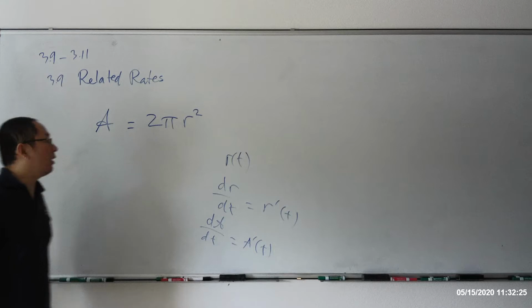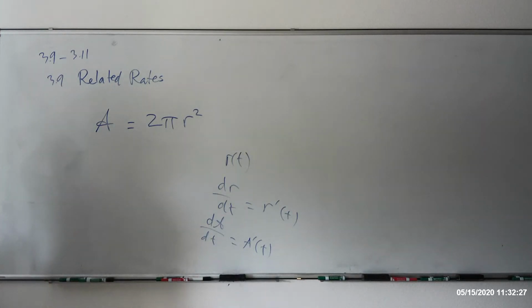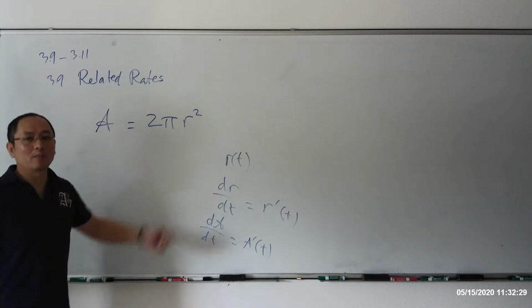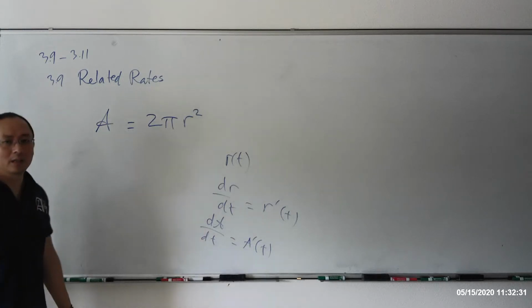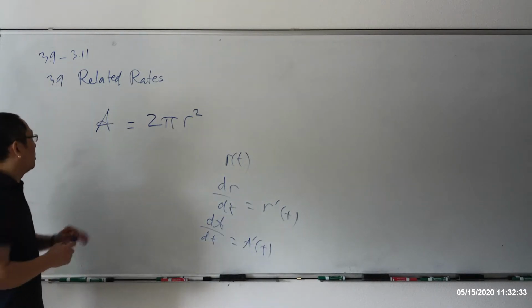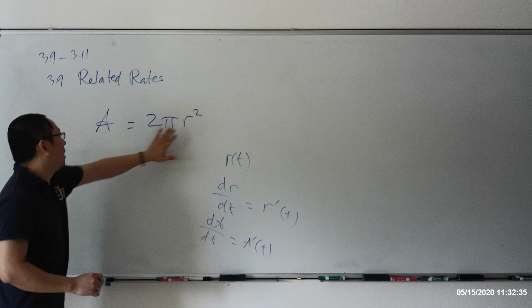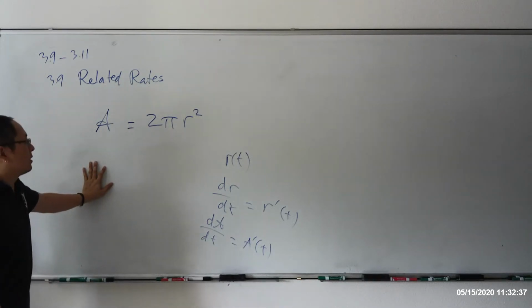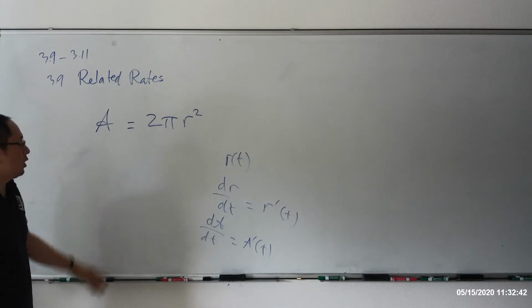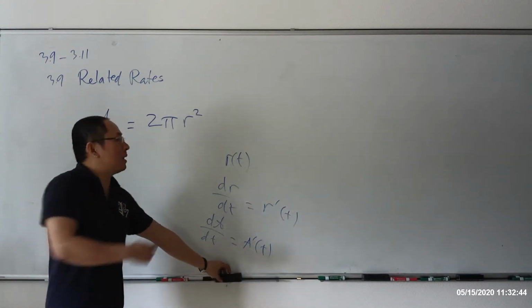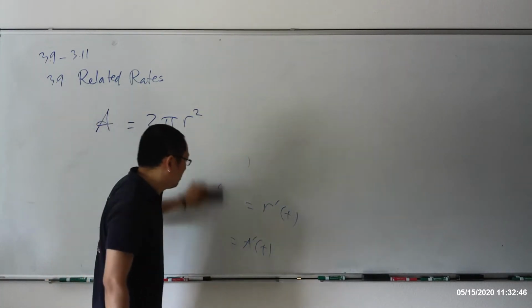So we want to find the related rates. We differentiate both sides. Here I claim that the chain rule is going to be used for sure, because both r and A are functions. The variable is not r, the variable is t. You may have to use the product rule or quotient rule, depending on the type of formula, but for sure the chain rule will be used.